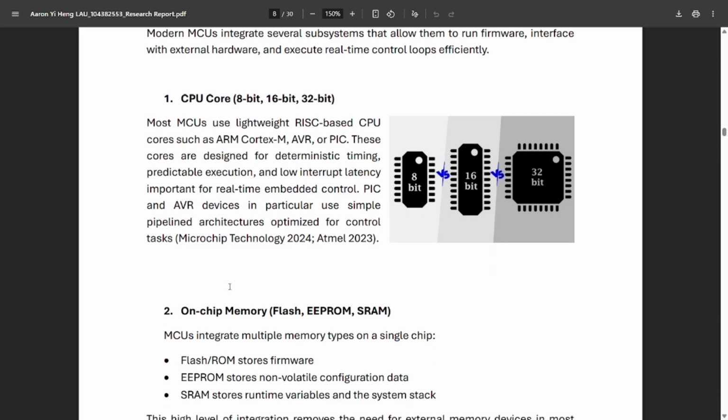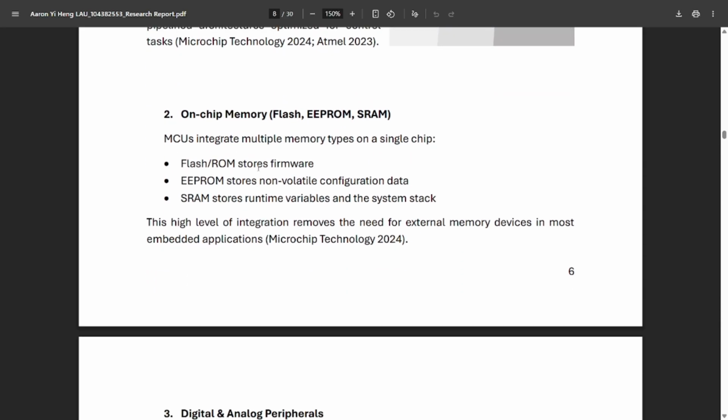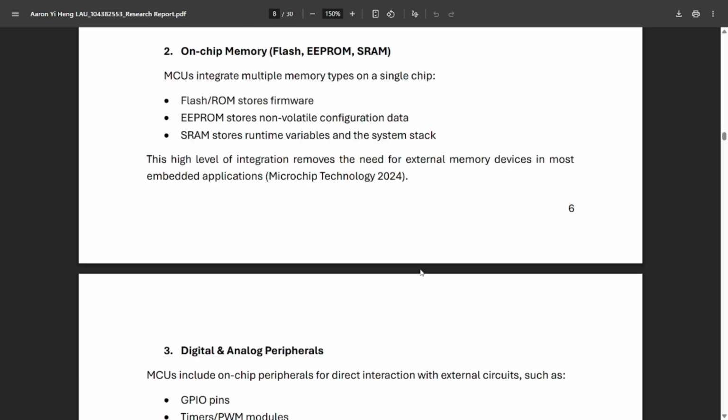Second, for on-chip memory, MCUs contain multiple memory types: flash or ROM, which stores the firmware; EEPROM, used for configuration data that must be retained; and SRAM, which stores the variables and the stack during runtime. Because the memory is on the same chip as the CPU, access is fast and predictable.